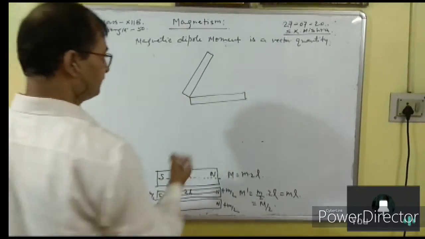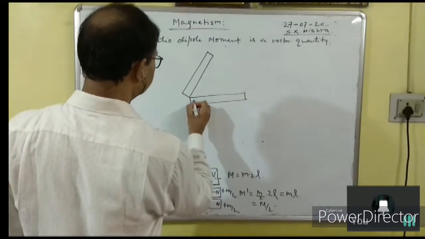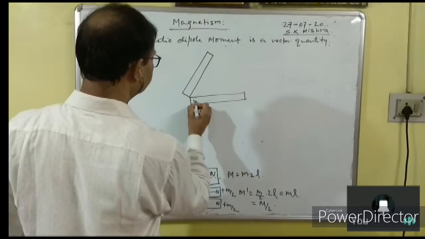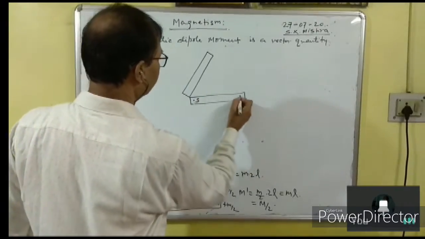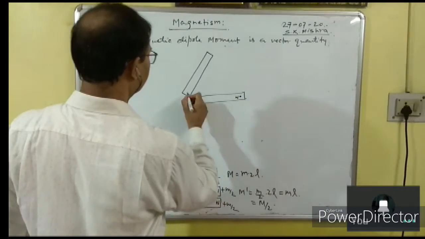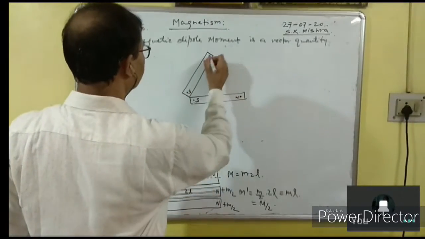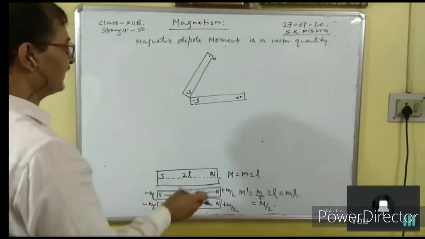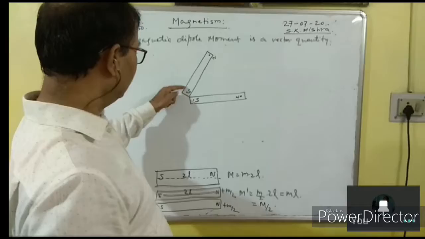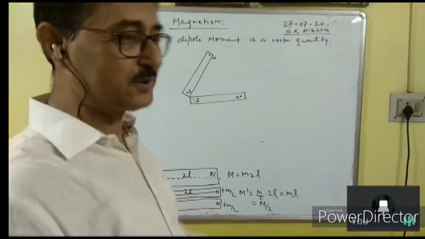And at the same time, magnetic dipole moment is a vector quantity. Now, should I rub this board? Yeah, this board all of you have written. Now we are talking about that derivation. Actually, magnetic dipole moment is a vector quantity.